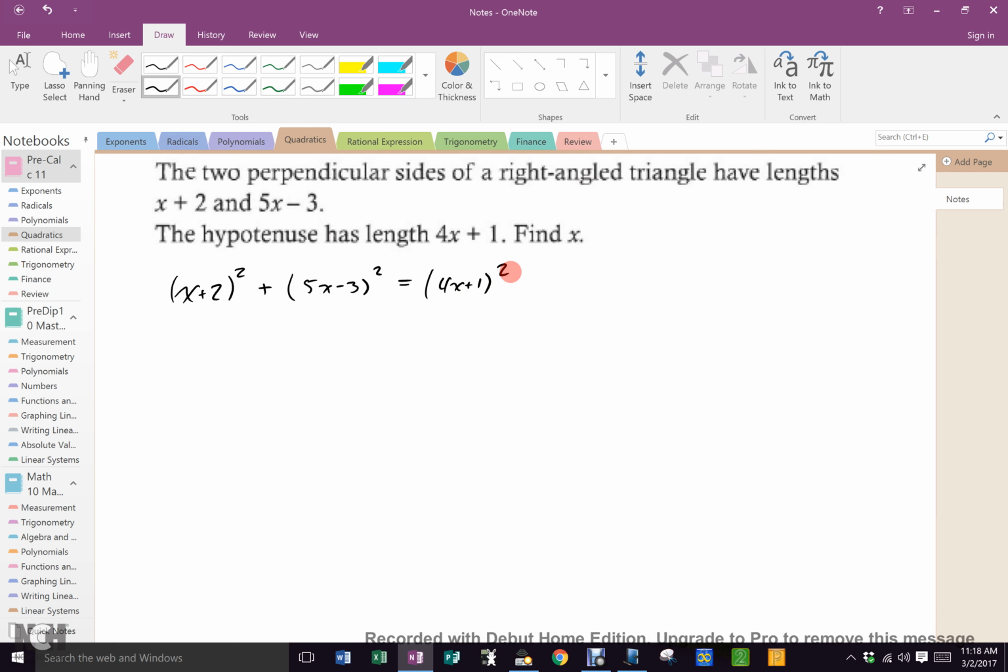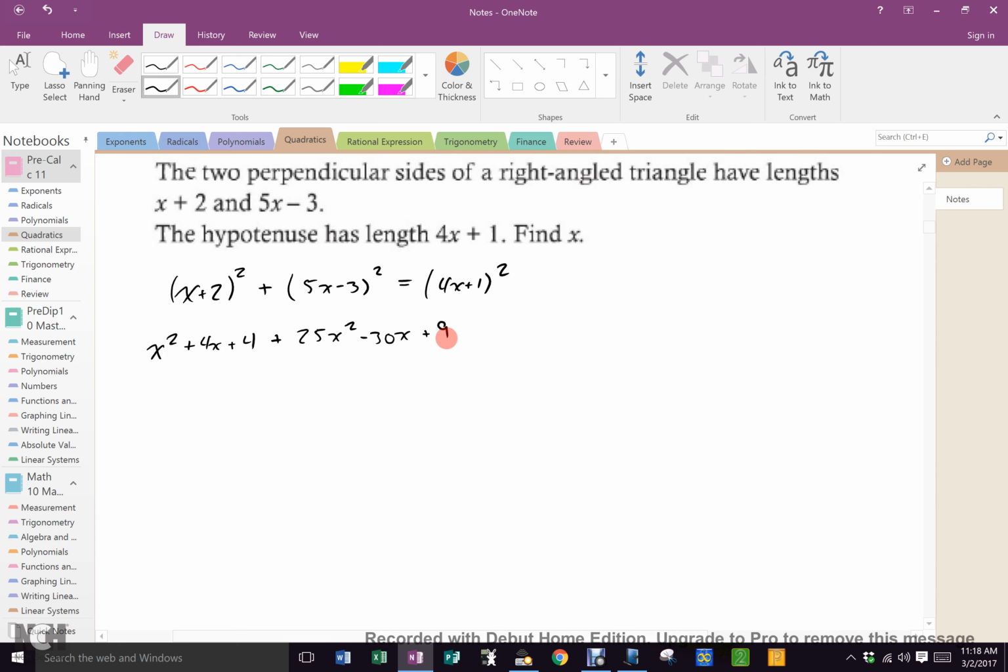So let's go. What's the first one? Do I have a shortcut to factor that? Yeah, we do. You multiply and add. x plus 2 squared is x squared plus 4x plus 4, yeah? Plus, do this one: 25x squared minus 15x minus 15x, minus 30x plus 9, yeah?